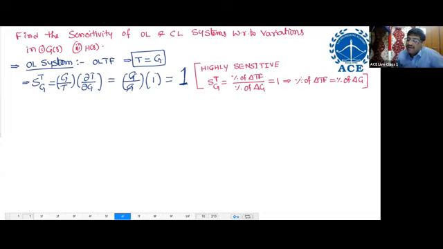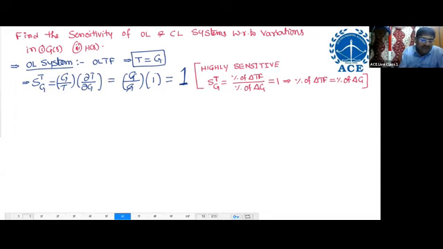If there is a 10% change in G, the output is also affected by 10%. A 1% change in G affects the output by 1%. So the open loop system is highly sensitive to disturbance, noise and environmental conditions. Any small change directly affects the output.